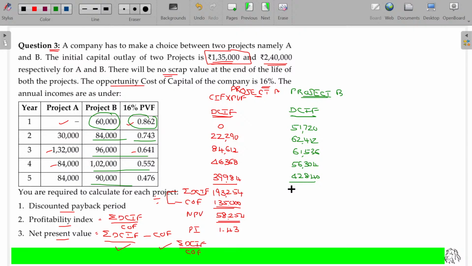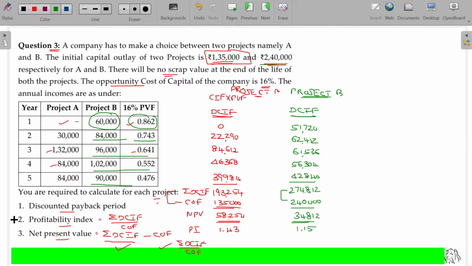Then the overall total is 2,74,812. My outflow in this case is 2,40,000. Then the NPV in this case is 34,812. For PI, summation of discounted cash inflow divided by cash outflow, this value is 1.15.